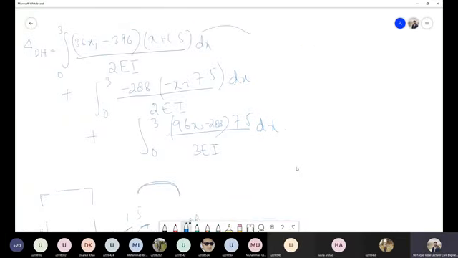So what will be this integral? Minus 3294 over EI. The next one.